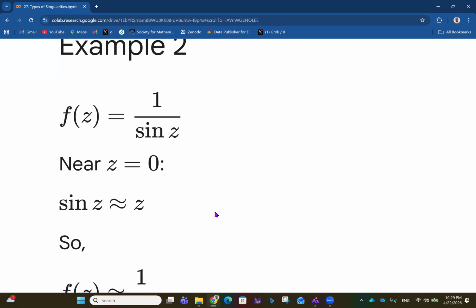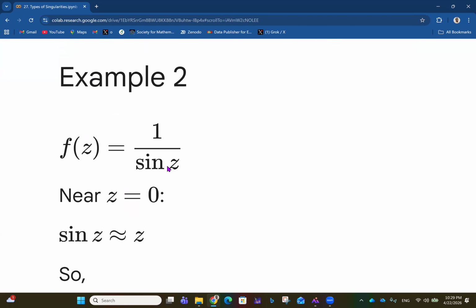So example 2 now. Example 2: f of z equals 1 over sine z. Near z equals 0, what happens? Near z equals 0, sine z is approximately z. If you take the limit of sine z as z approaches 0 and substitute directly, it's undefined, but with L'Hopital's you get cos z over 1, which is 0 in short.